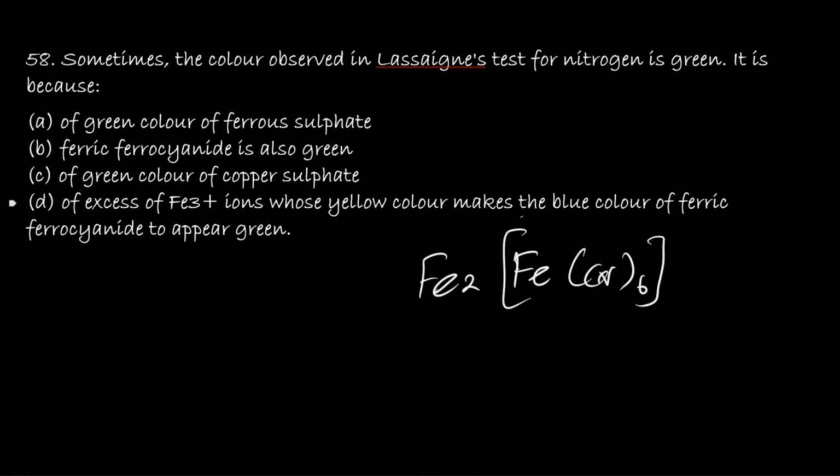When excess of Fe3 plus ions are there, the yellow color of Fe3 plus ions mixes with this blue color to give green as its appearance. So option D is the right answer.